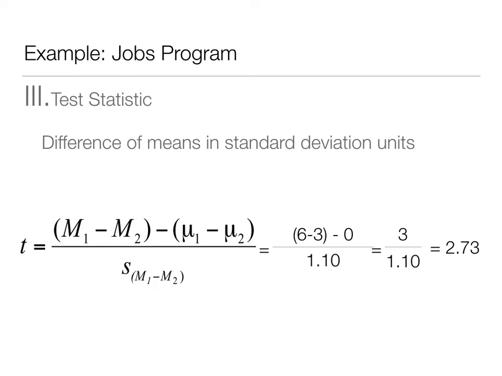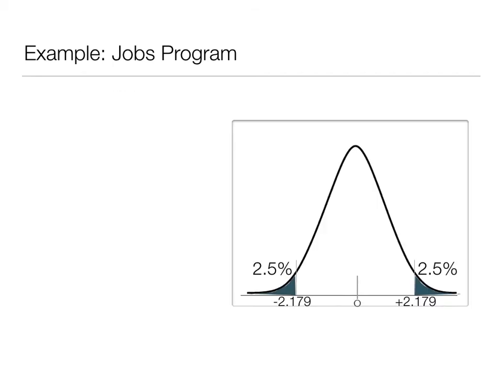Great. But we've got to go back and see if we could get this by chance. Or is there less than a 5% chance that we could have gotten this difference according to chance? And that's what we're going to do with our decision when we look at our t-distribution. So remember, we have that 5% split up into both of the tails because we didn't have a direction.